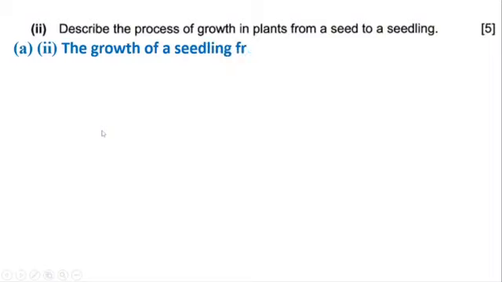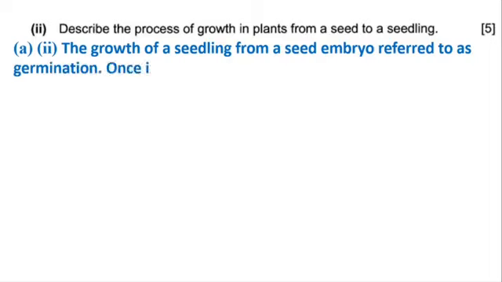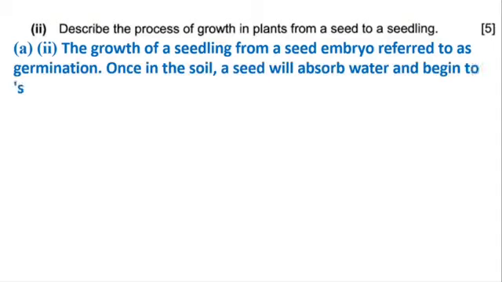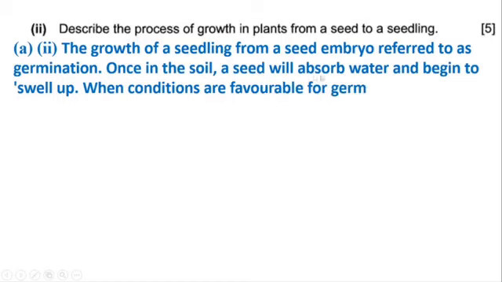So we can write our answer in essay form, just like I've said. Here we are answering question A2. We can write our answer as: the growth of a seedling from a seed embryo is referred to as germination. Once in the soil, a seed will absorb water and begin to swell up.